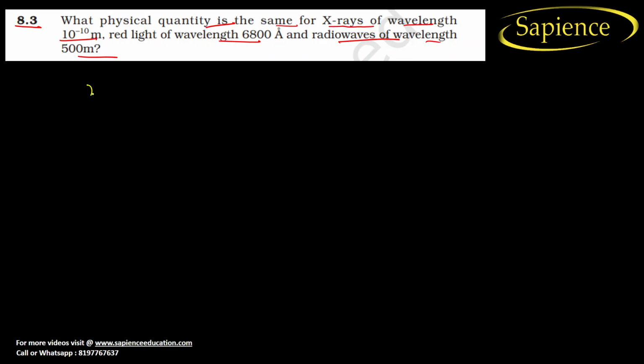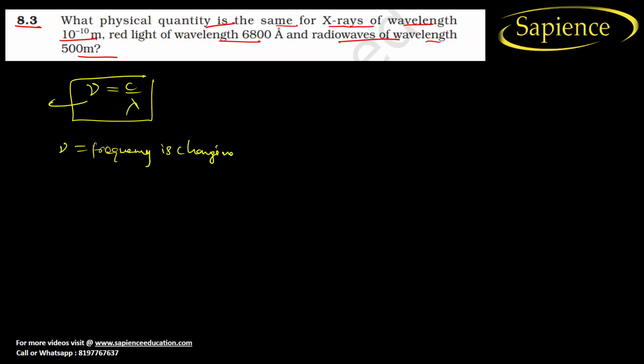The relation is frequency is equal to C by lambda. Now what will happen? Frequency is changing, right? Wavelength is changing for all, but what is constant? C, that is the speed of light.